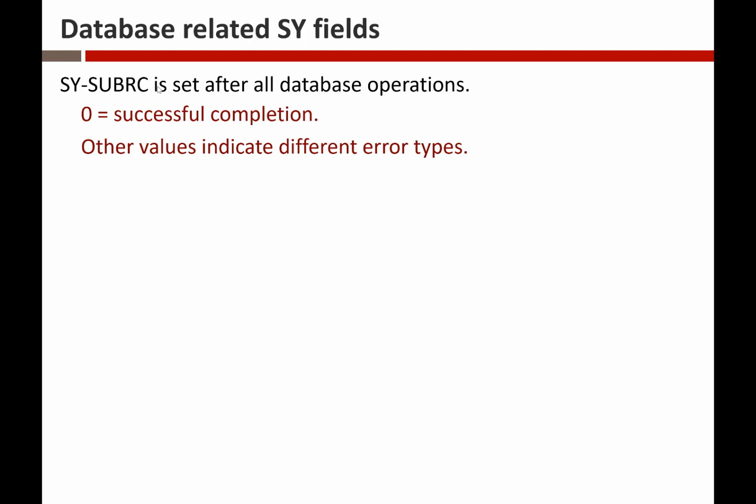So you will get in the habit of testing sy-subrc and writing conditional code for how you handle an error condition. And in fact, unless something really, really bizarre happens, you'll never see a value other than 0 in our environment. But in a real production environment, you might have an instance where the database crashes.